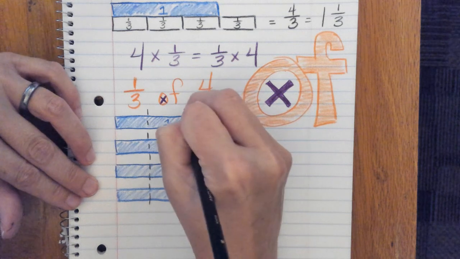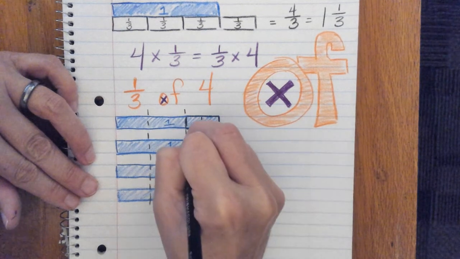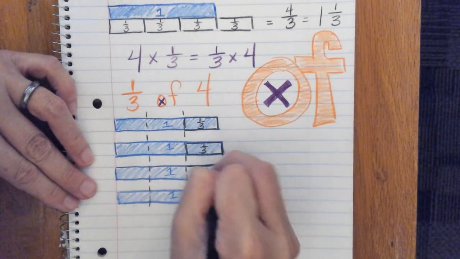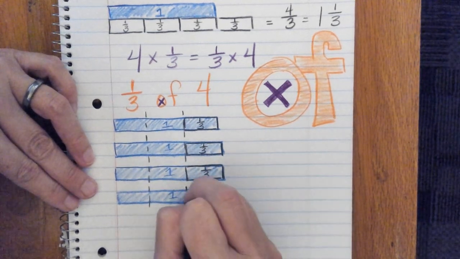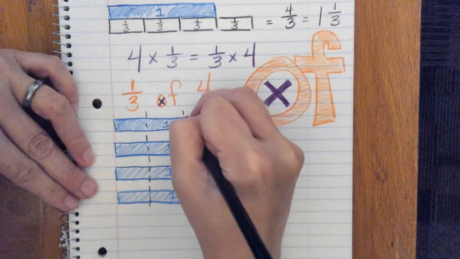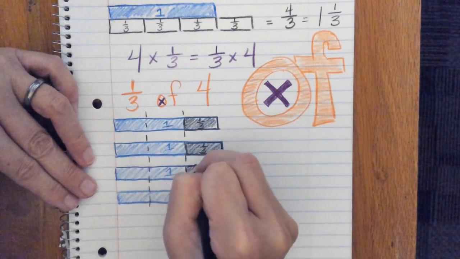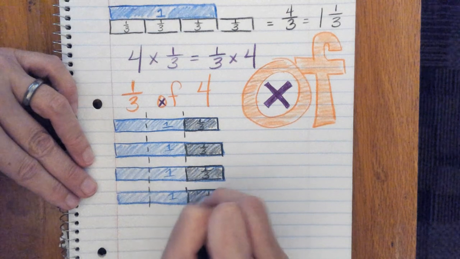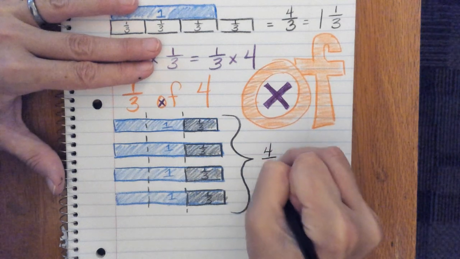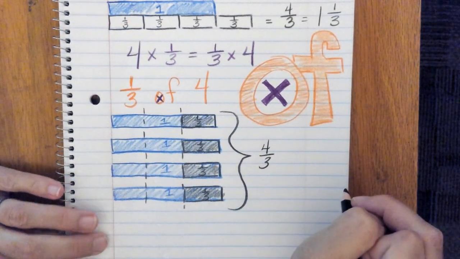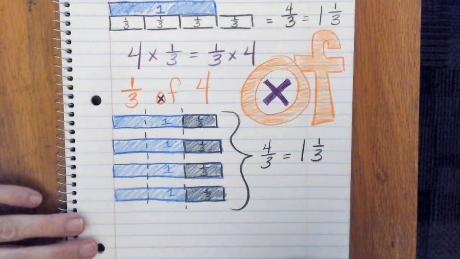And of course, the fraction bar that represents 1/3 of each of these would be that 1/3 bar. So 1/3 of 4 is 1/3 of each of these 4 bars, which would be how many of these thirds? 4 thirds, which would be 1 and 1/3.